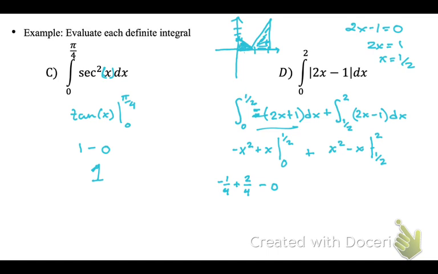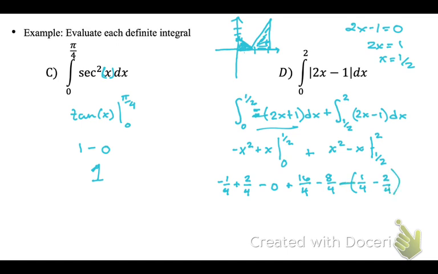So 2 squared is 4, so that's going to be 16/4. And then minus 2, so 8/4. Minus 1/4, and then minus 2/4.